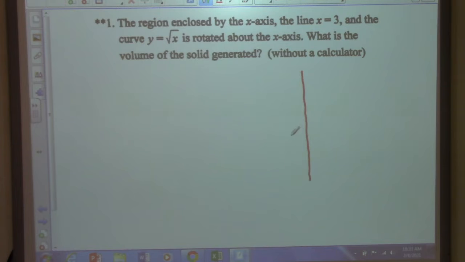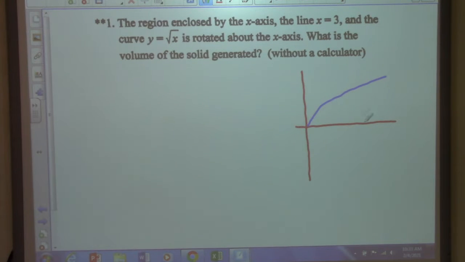I don't know how good you are at your artistry, but it can help sometimes to do a little bit of a 3D drawing if you can. So we'll see what it looks like. You remember what the square root function looks like? Yes. So it's going to curve something like this, right?